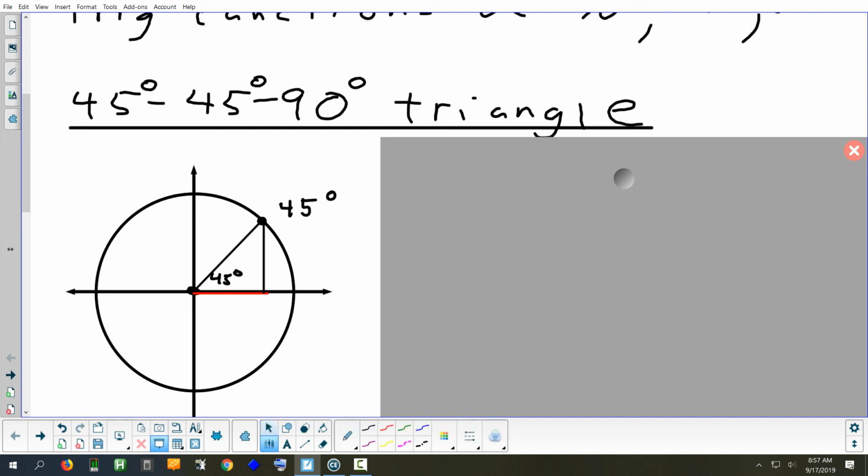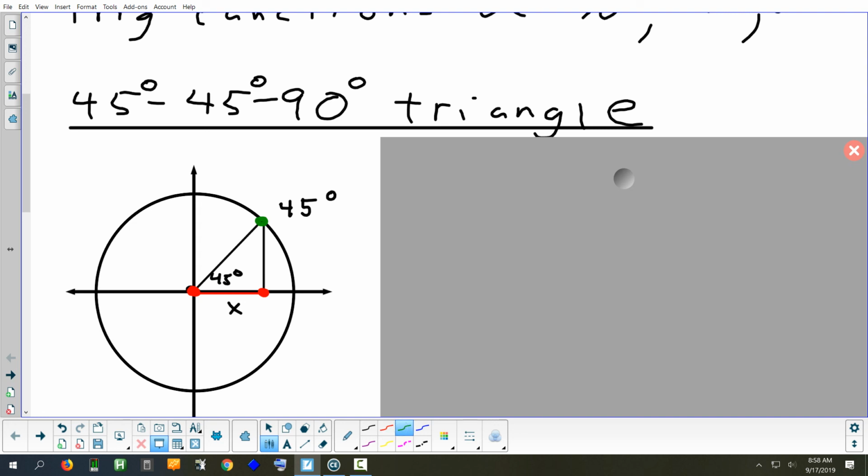Now, in terms of left and right, what letter do we usually use for the axis that goes left and right? X. Yeah. So this distance, between this red dot and this red dot, is how far to the right you need to go to get to this green dot.